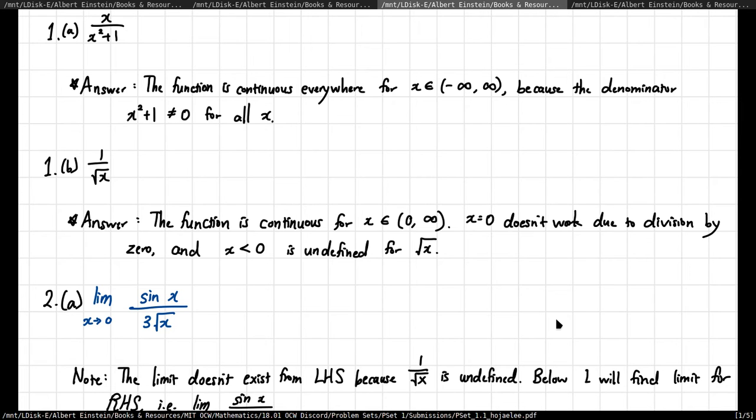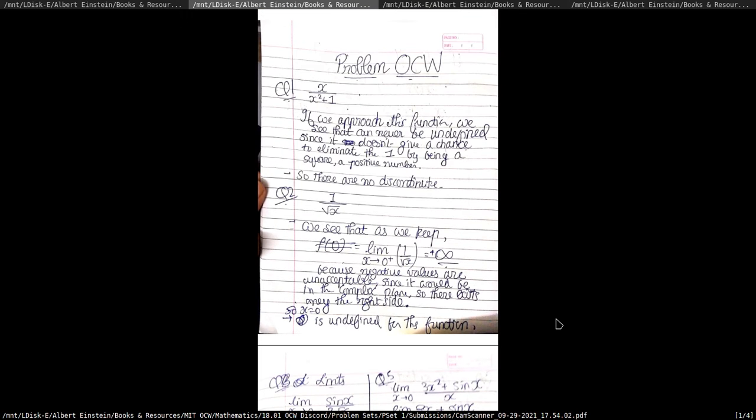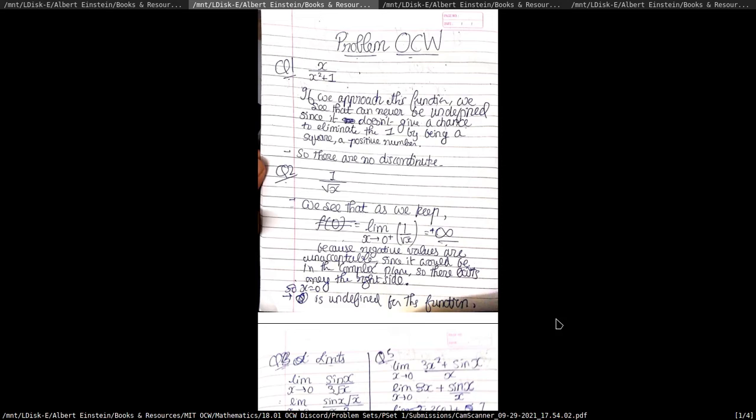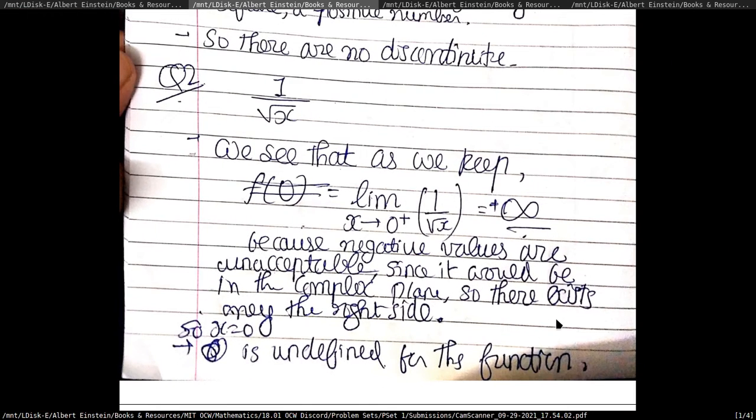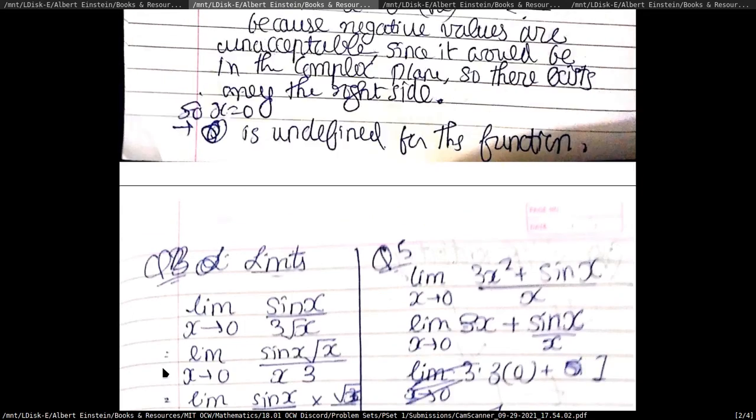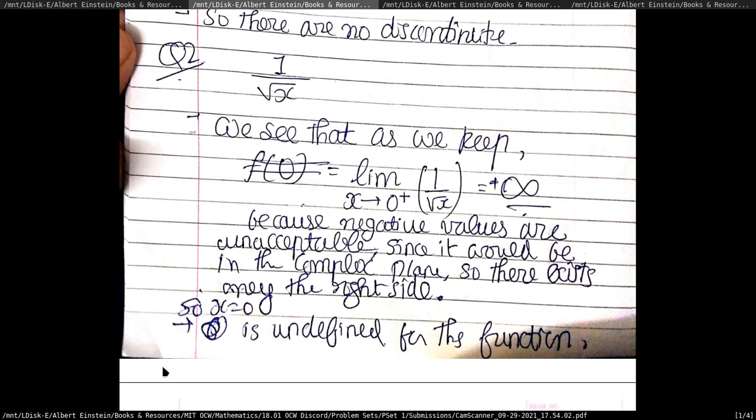That's Hoji's answer. Siddharth also writes the same. At x equals 0, the function is undefined, and the limit goes to positive infinity, and the negative side can't exist, right?